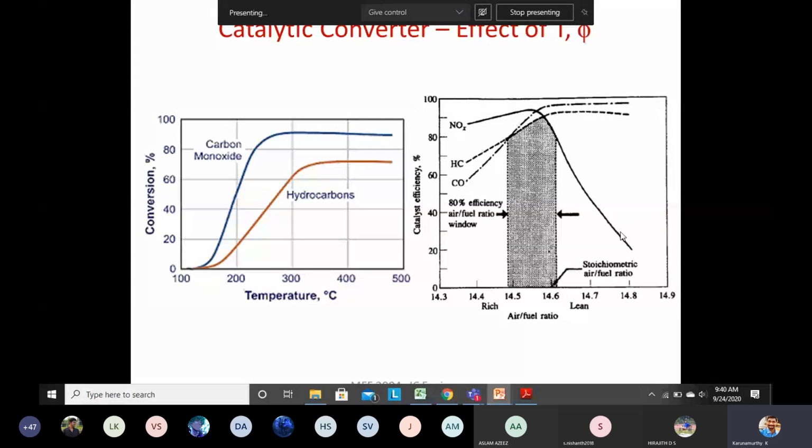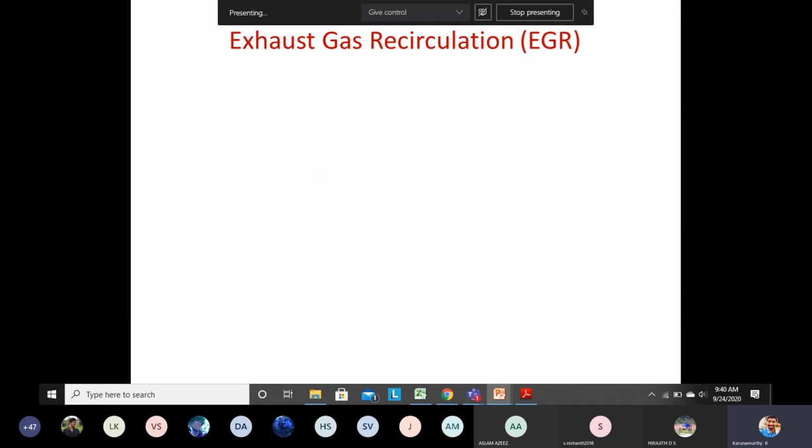So for all the three emissions, the optimum range to operate is an air fuel ratio of 14.5 to 14.6. 14.6 is the stoichiometric air fuel ratio. Okay. So this is with reference to the air fuel ratio, or the equivalence ratio, of the catalytic converter, right.